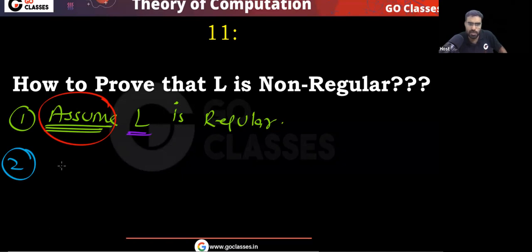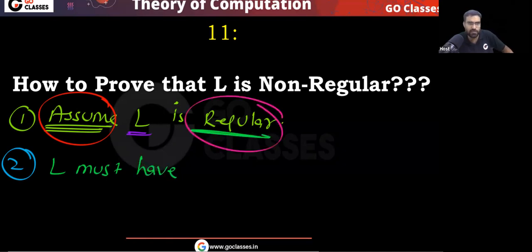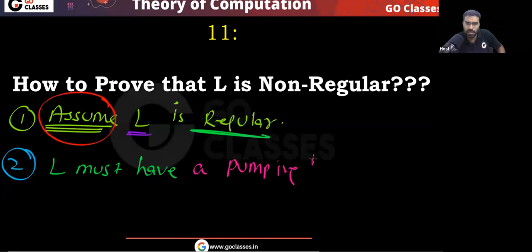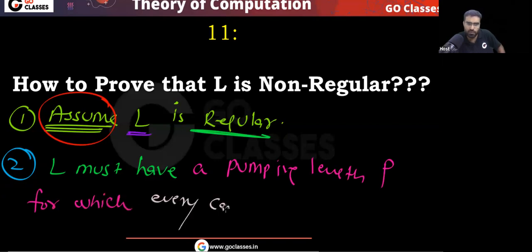Every regular language must have a magical number, so L must have a pumping length P for which every candidate string pumps.